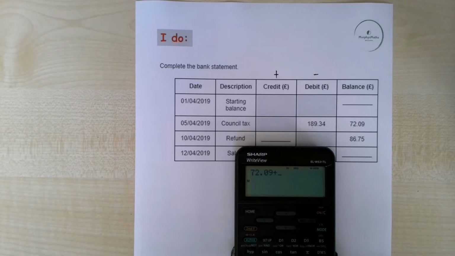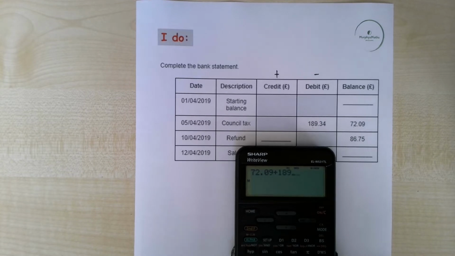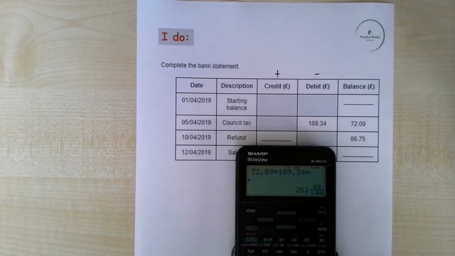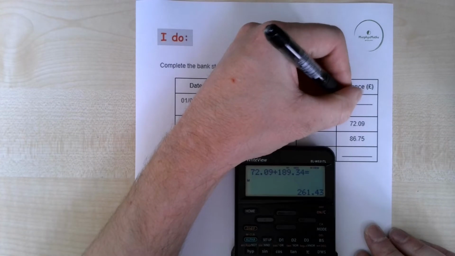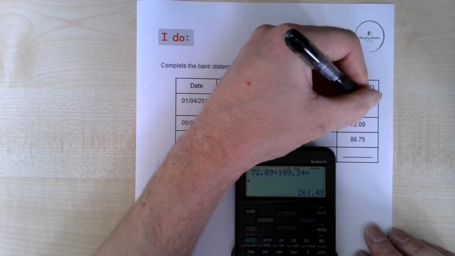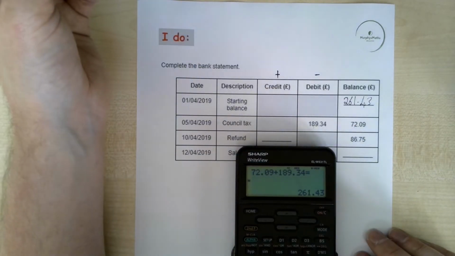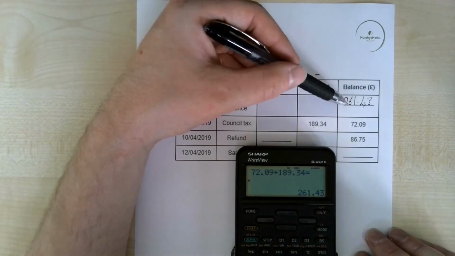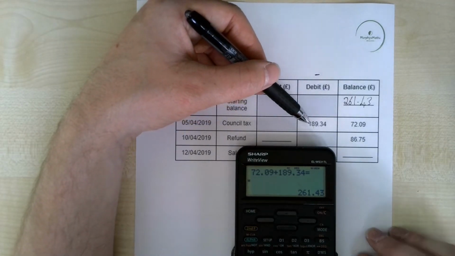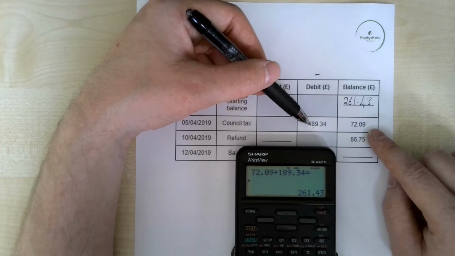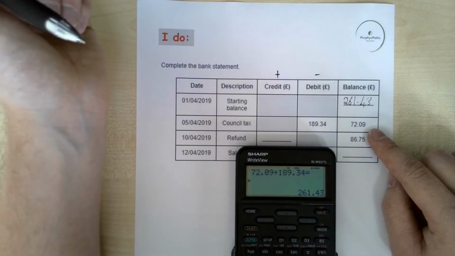We're going to add on the £189.34. So we had £261.43. So if you think about it, if you take that number and subtract the council tax, we would end up with a balance then of £72.09.